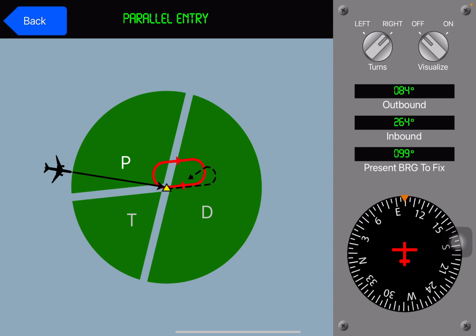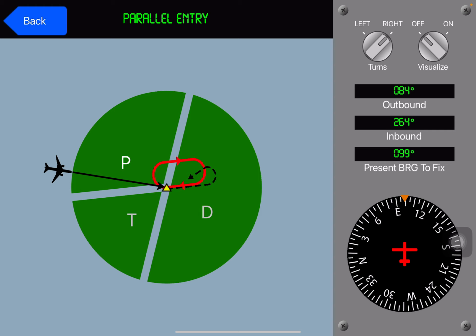How do you know if it's teardrop or parallel? Let's extend the black arrow on this picture, and your black arrow would put you outside of the red oval.